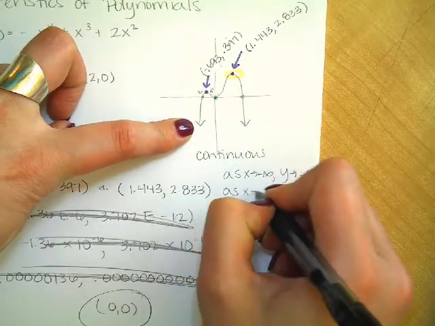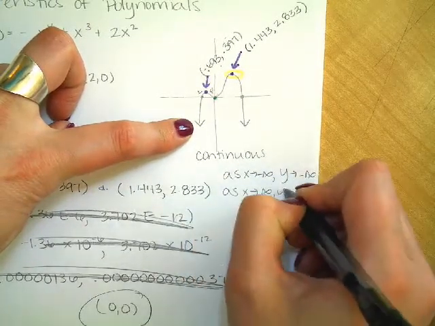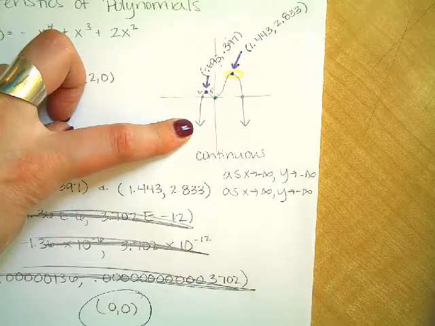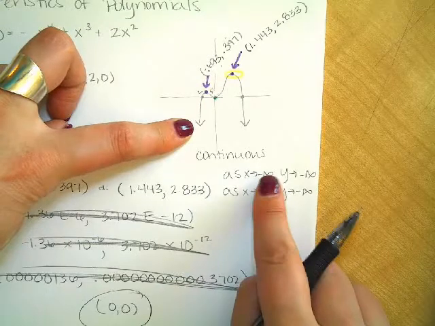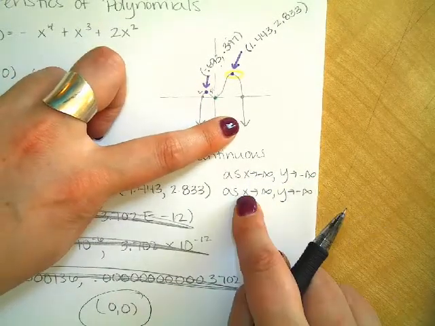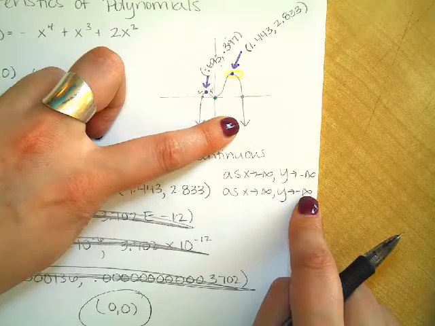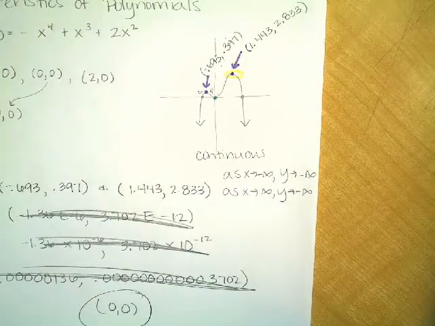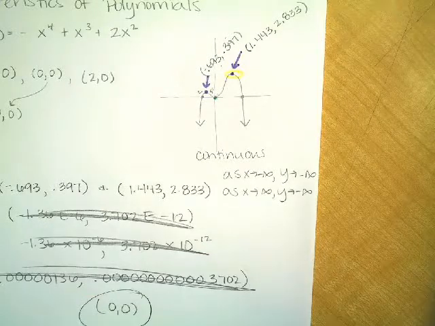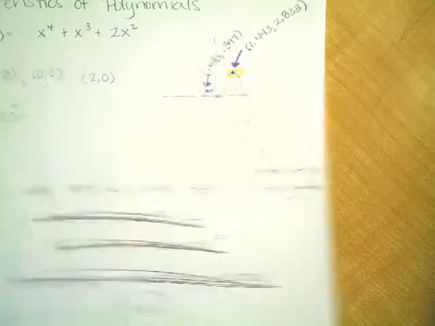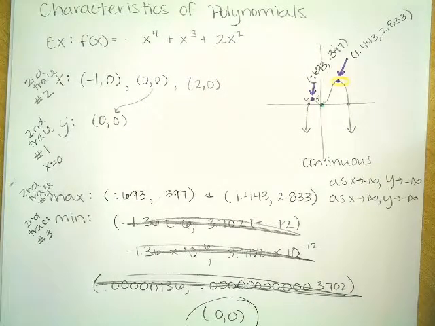As x goes right, y goes down. So left is negative infinity, down is negative infinity. Right is positive infinity, down is negative infinity. So there's our end behavior. Okay. Is there anything else that I forgot?